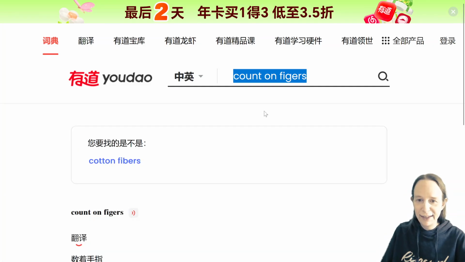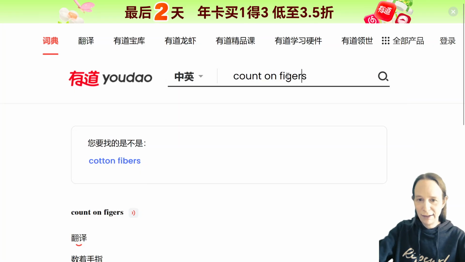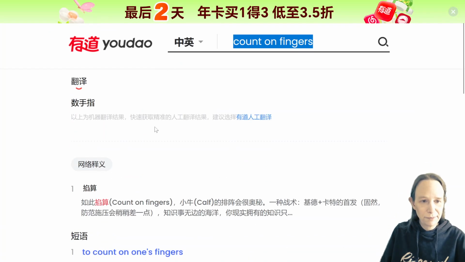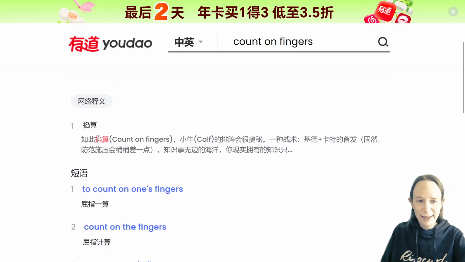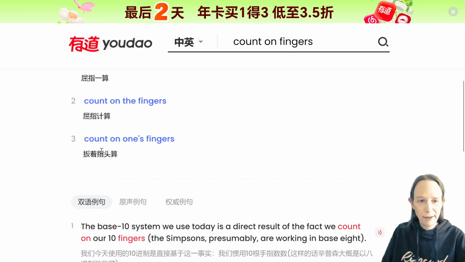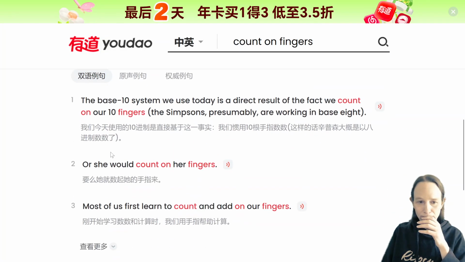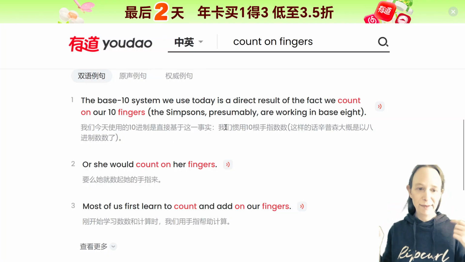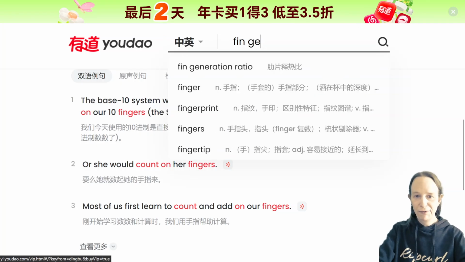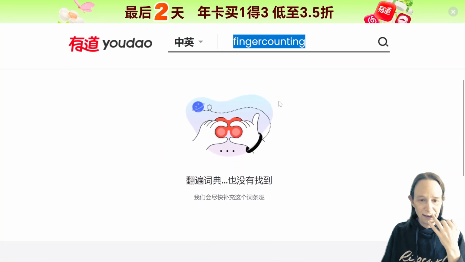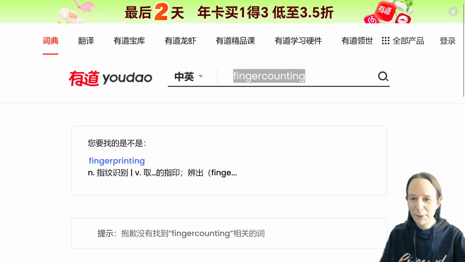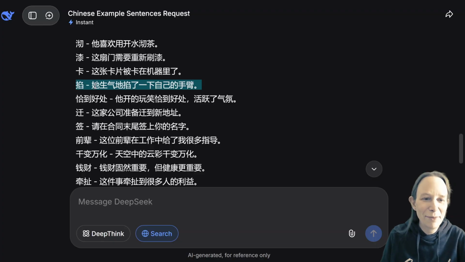That's not how you spell fingers, but you get the idea. 掐算. Finger counting. Okay, all right. That is a word, I believe, but all right, let's move on.